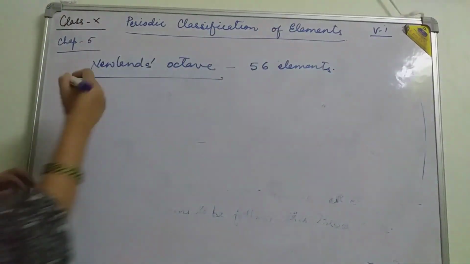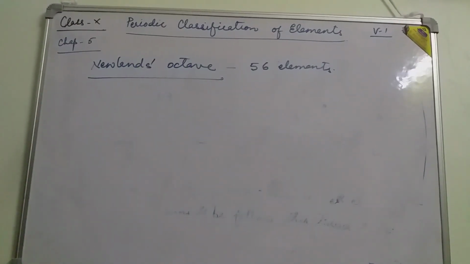He arranged all 56 elements into 7 parts and said that the property of the first one is exactly the property of the 8th one.